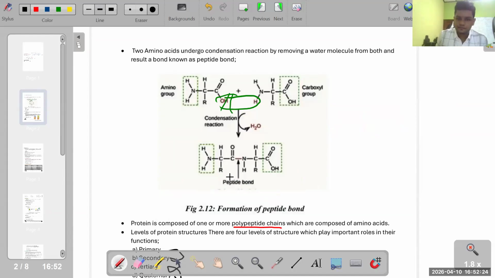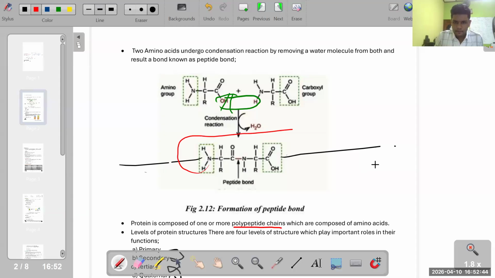Now this is the thing. Now, if there is any further polypeptide that is formed, can you see the backbone? The backbone is looking in this direction.